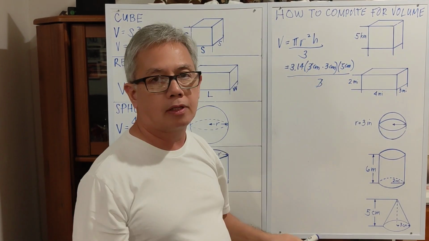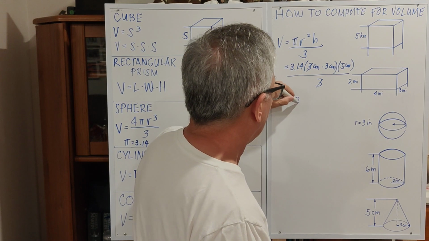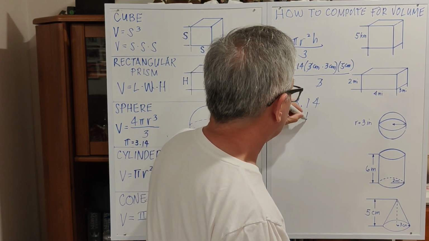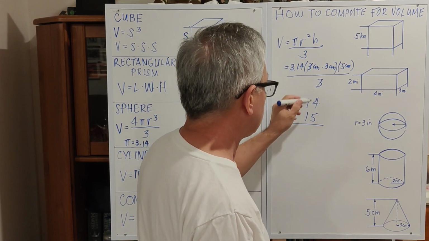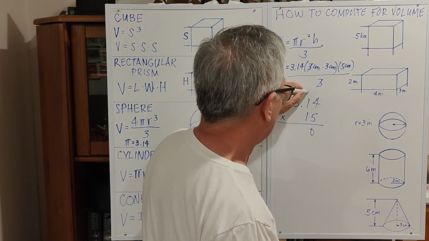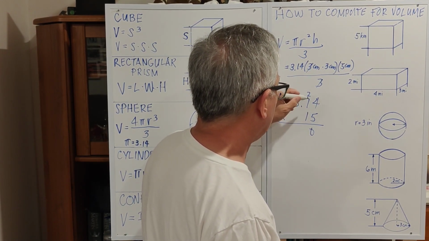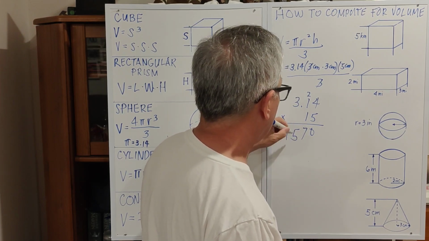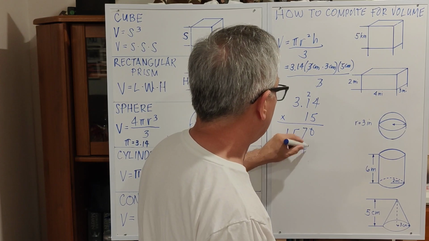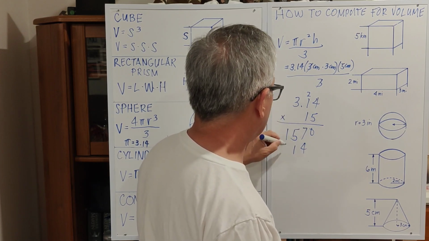We multiply that to 3.14. 3.14 times 15. 5 times 4 is 20. 5 plus 1 is 5. Plus 2 is 7. 5 plus 3 is 15. 1 times 4 is 4. 1 times 1 is 1. 1 times 3 is 3.